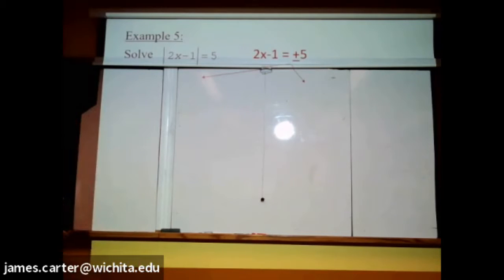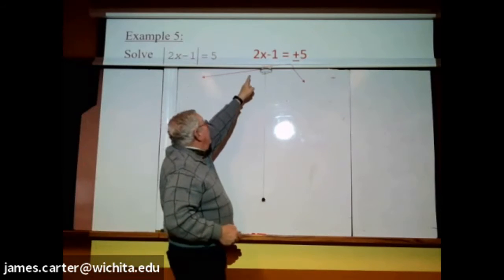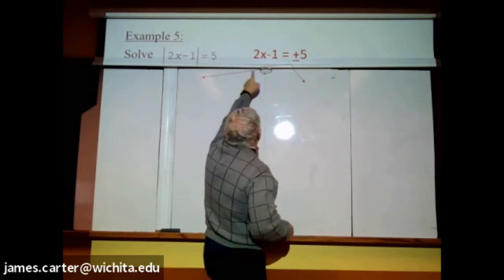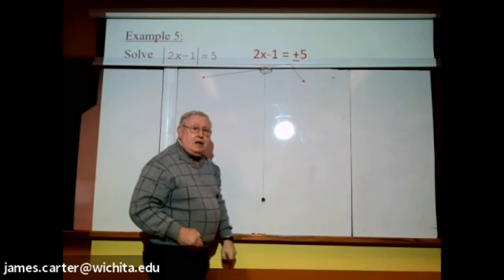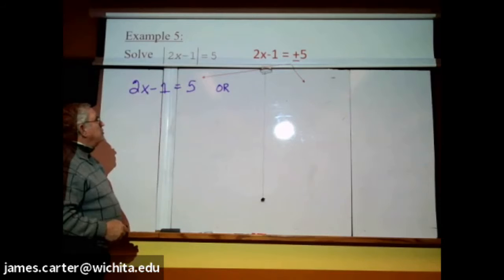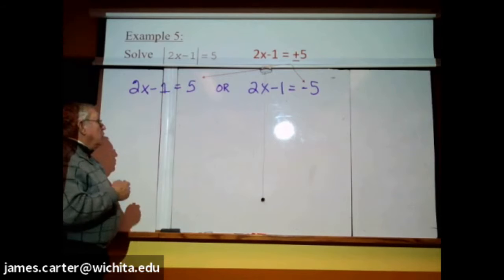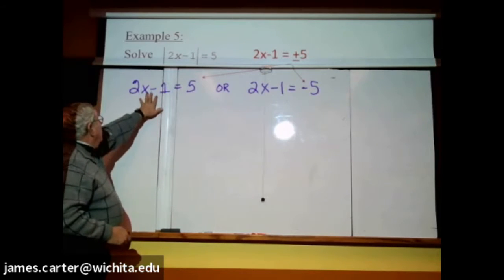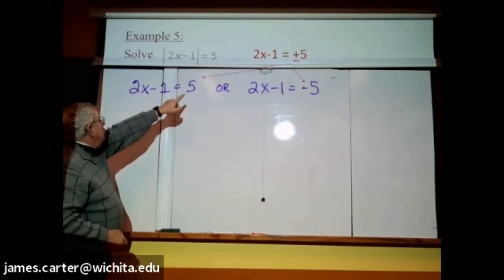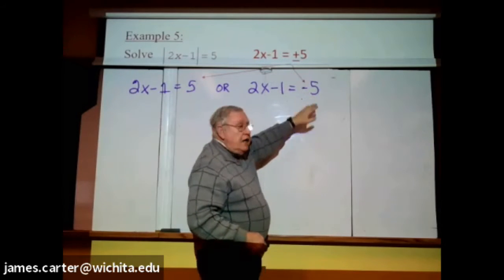All right, we need to solve this equation. In order to remove these absolute value symbols, when we remove them, then we have to give the plus or minus. Now, that generates two different problems to work. This will always work out this way. I've got this one using the positive value, and I've got this one using the negative value.